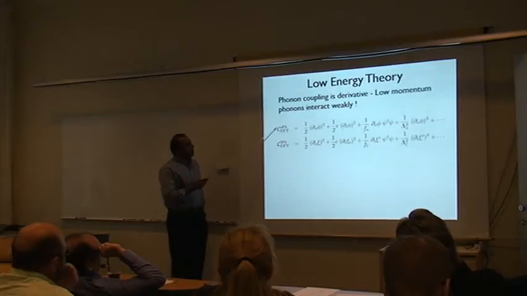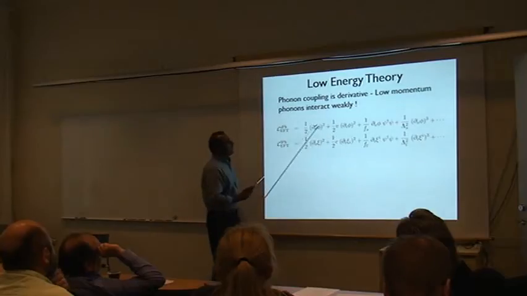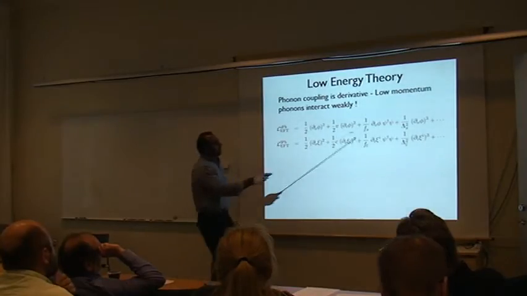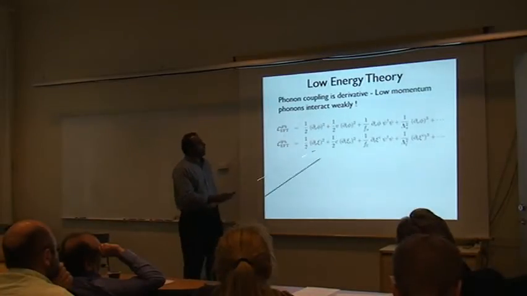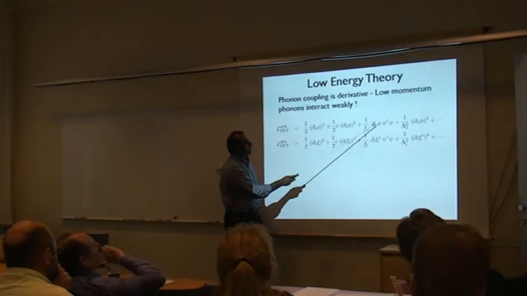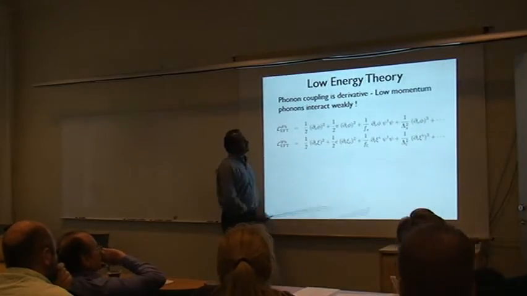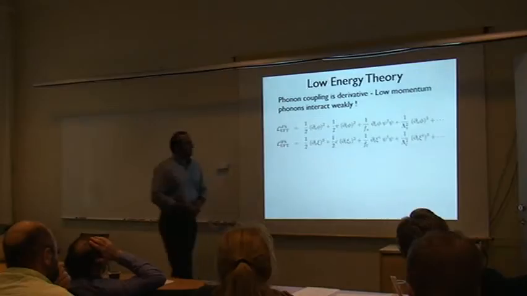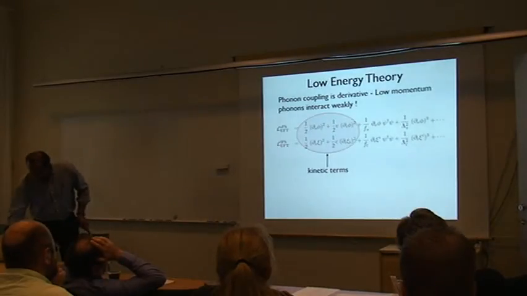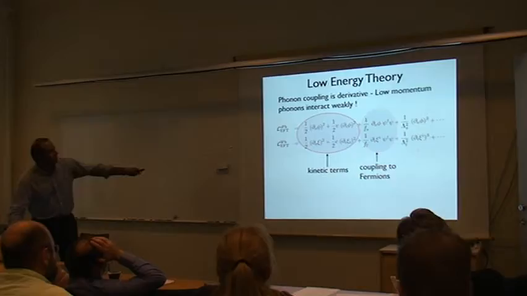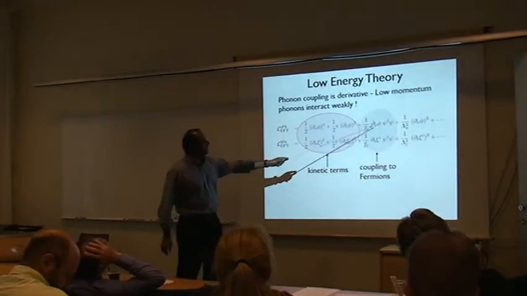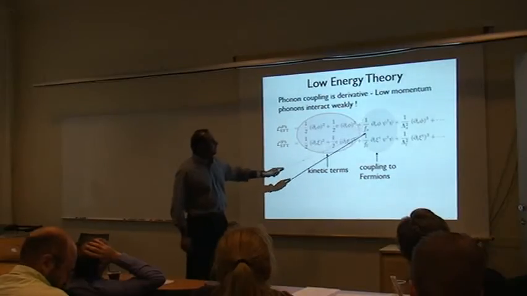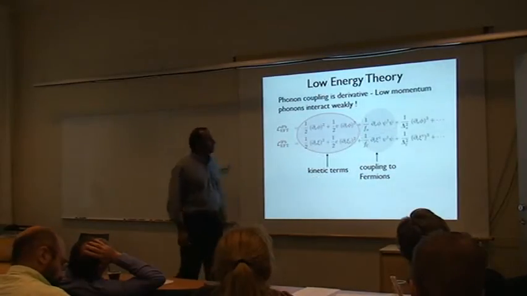So if I look at just the theory of, say, phonons in the superfluid, I can write down the kinetic terms for that. And then I can also go back to the fundamental Hamiltonian for neutrons, and from there derive an interaction between the phonon and the neutron itself, and also derive higher order interactions of this sort. So this is a systematic expansion because each of these derivatives brings in something like a temperature, but this is a much higher energy scale, so it's okay to keep only the first few terms of such an expansion.